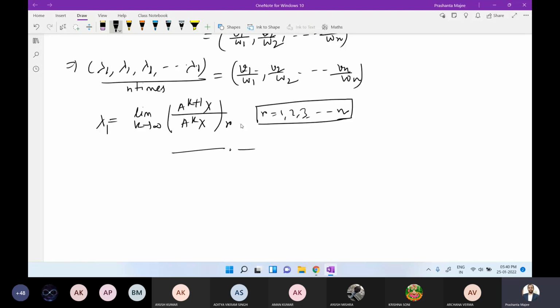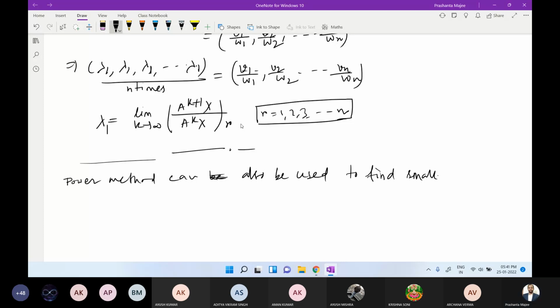Now this power method can also be used to find the smallest eigenvalue, the smallest eigenvalue in magnitude.